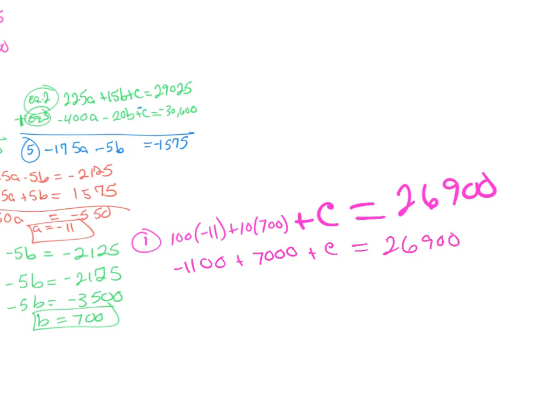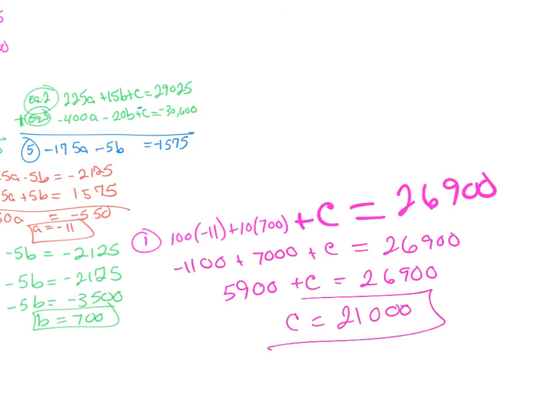Add negative 1,100 and 7,000. We get 5,900 plus c is equal to 26,900. We're going to subtract off 5,900. We get c is equal to 21,000 for our third answer.